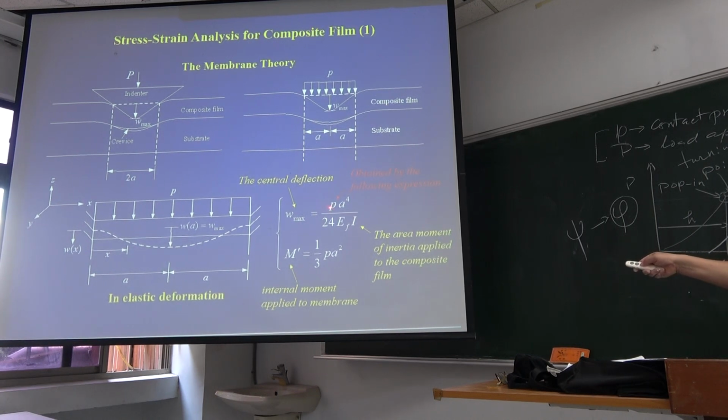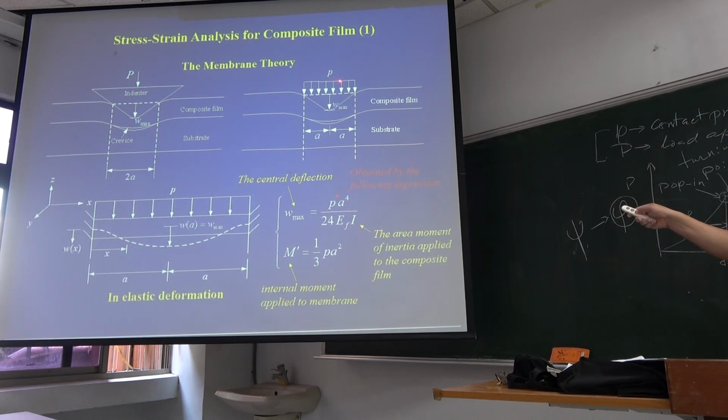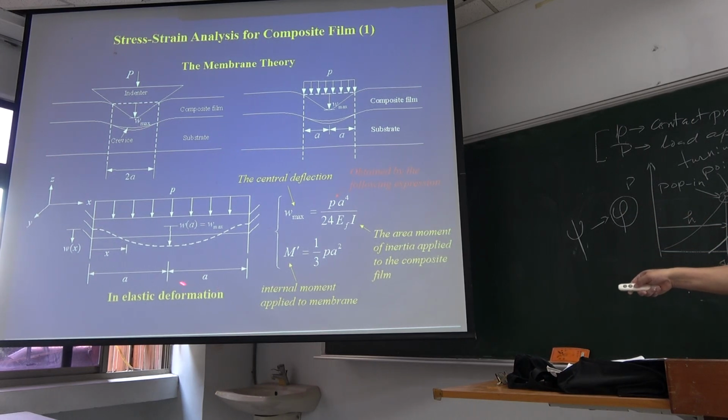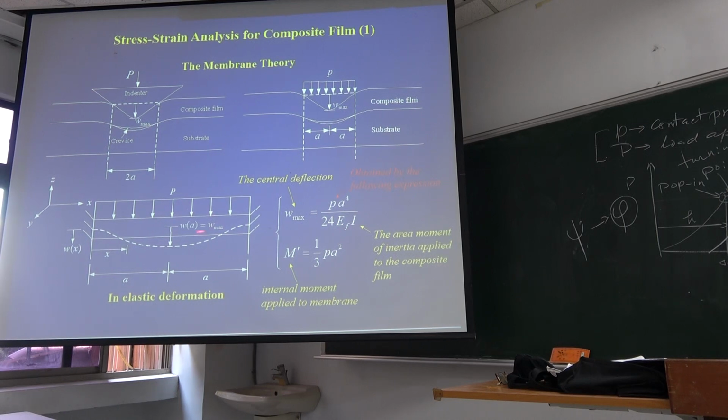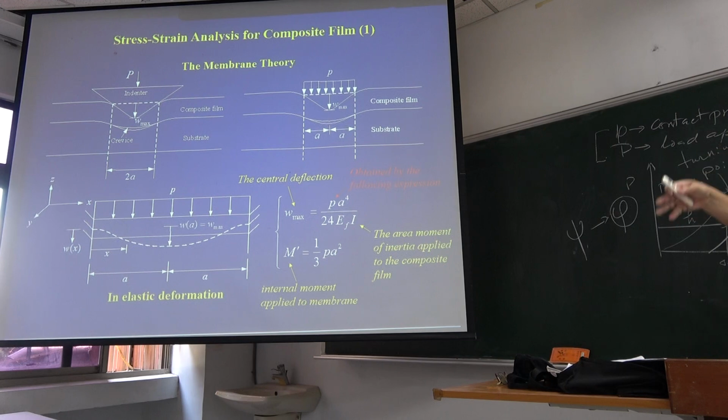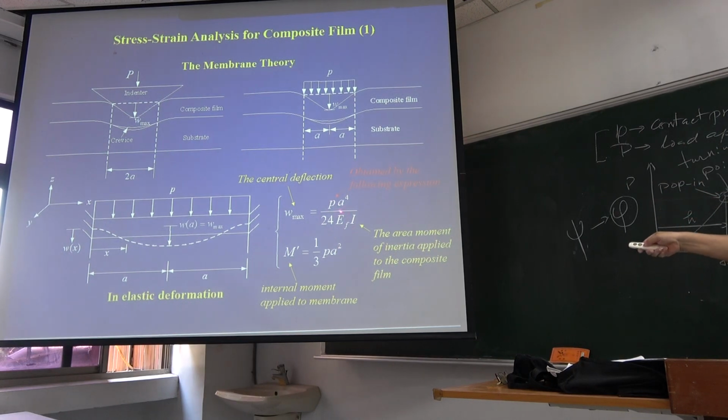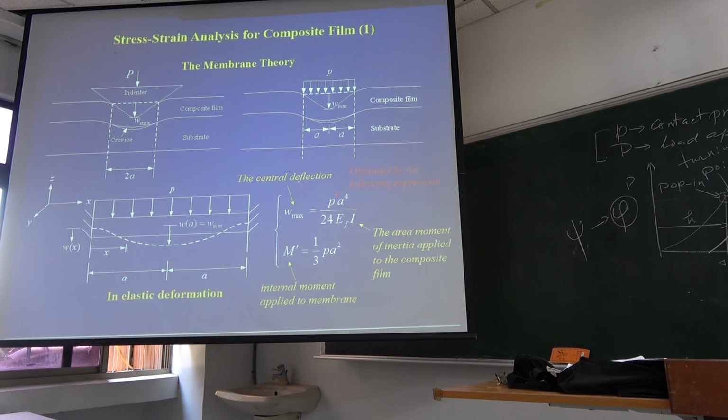This equation is proportional to our p, just the contact pressure. A is just one half of the crevice length. E_f, what is E_f? Young's modulus of your thin film, your composite film. It is obtained from your reduced modulus: obtain the reduced modulus first, then you use the reduced modulus to obtain the Young's modulus of the thin film. What is I?